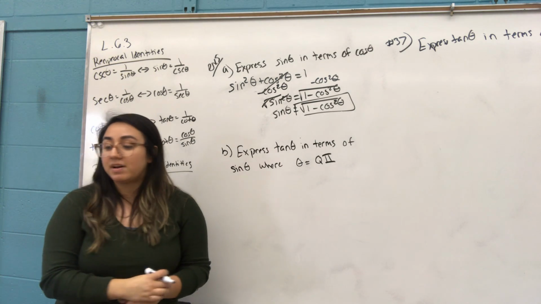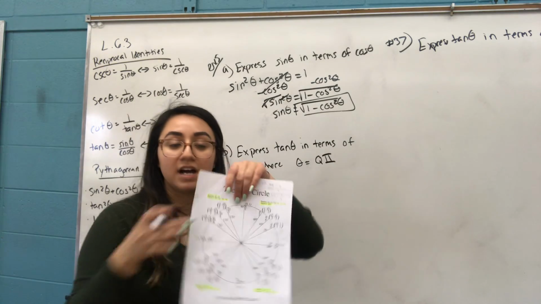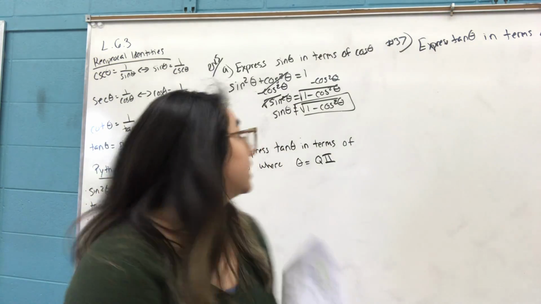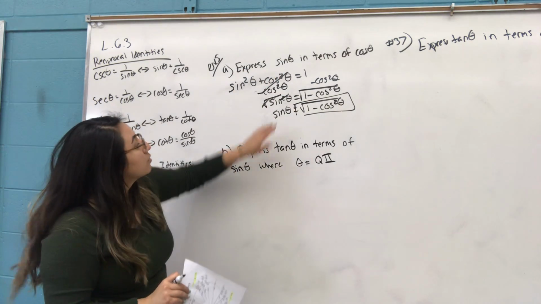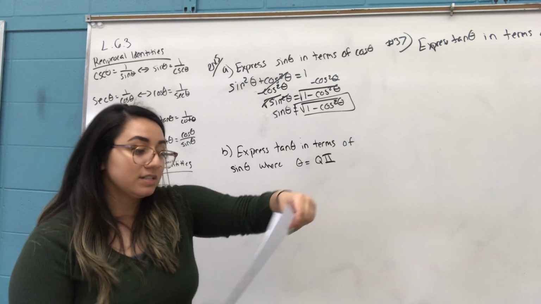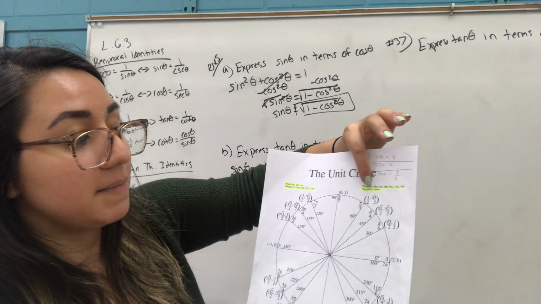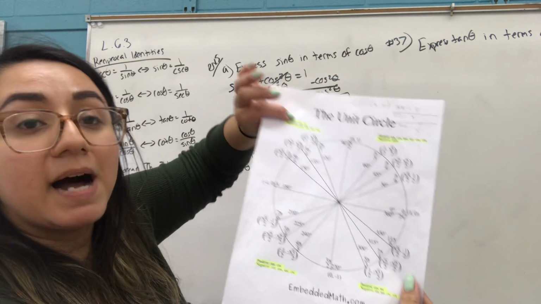They also talk about the first quadrant, the second quadrant, third and fourth. That's where this chart's going to help you, just in the corners here. So let's say express sine in terms of cosine in the third quadrant. So sine in the first quadrant, where is it? First quadrant is positive. Sine in the second quadrant is positive as well.